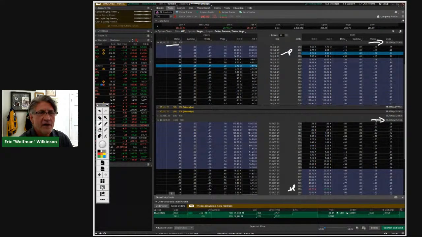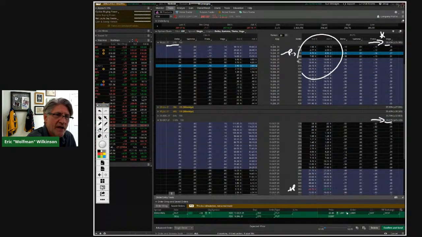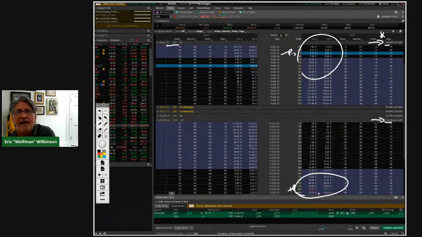Now, if this front month is higher, which it is in this case, that means my volatility is more here than here, right? If this volatility number is higher than this one, that means these premiums here are more expensive, relatively speaking, than what we were talking about further duration, right?